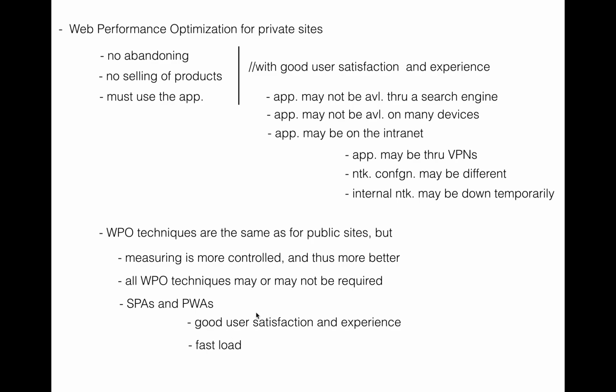And these two characteristics of a PWA are directly related to web performance. And also, you cannot actually create a PWA without these two characteristics in place. So essentially, when you create a PWA, you create an application which typically performs well.